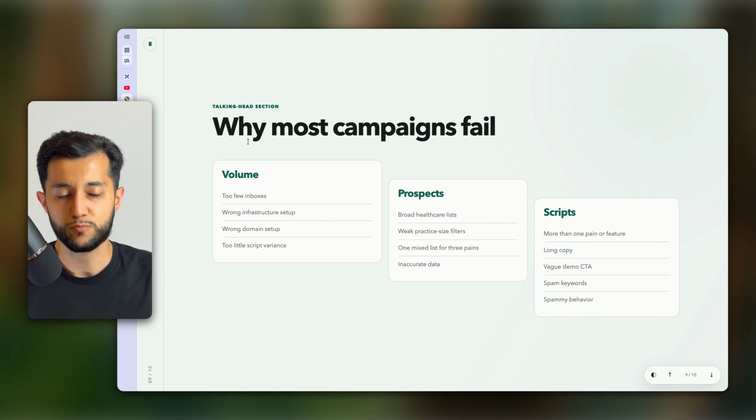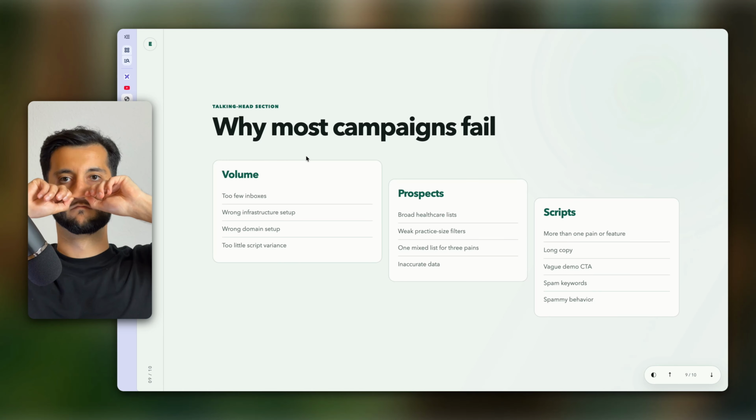So why do most campaigns fail? Because I also want to talk about that, so maybe we can switch back to my full face cam. In these three parts where we talk about volume, prospects, and scripts, there are a couple of things that might go wrong when you try this yourself. I've been doing this for 3 years and it has been a learning curve, because you have spam filters and this and that.